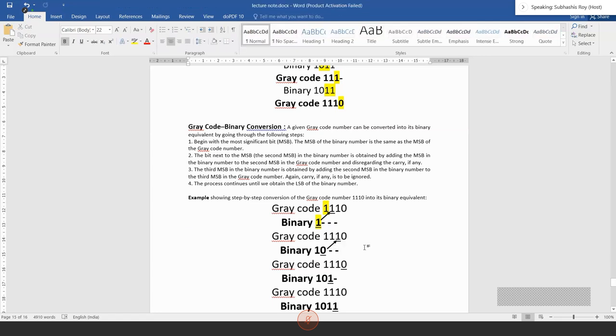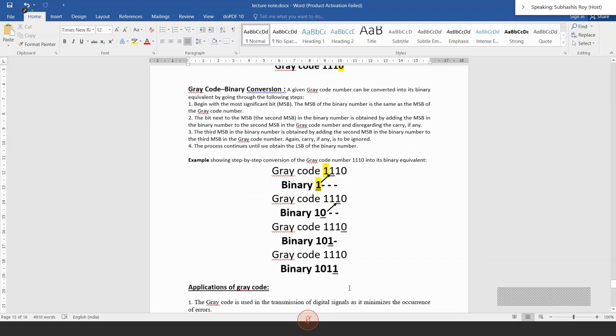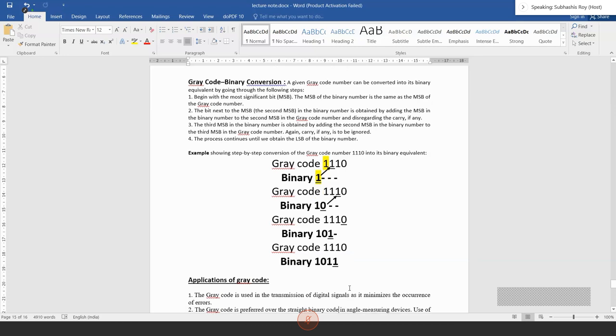Okay, you understand now. So this is how things will go. So in gray to binary conversion, this is the format of addition, but in binary to gray, consecutive digits of binary will be added.